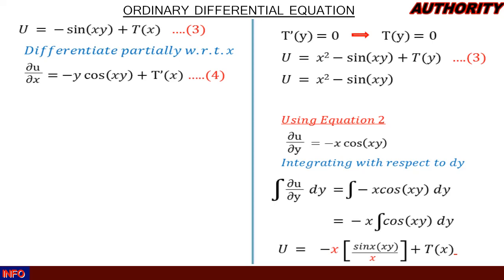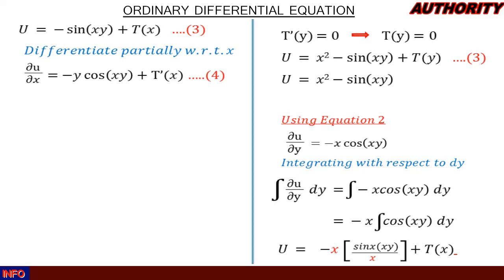Here we have minus sine xy. Differentiating partially with respect to x, we regard y as a what? As a constant. So it's going to give us minus y cos xy.